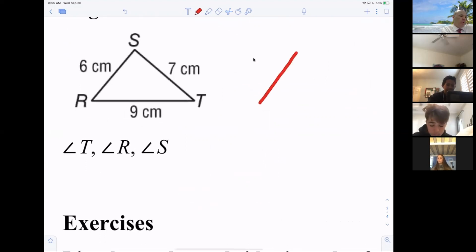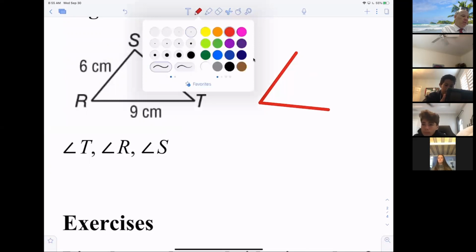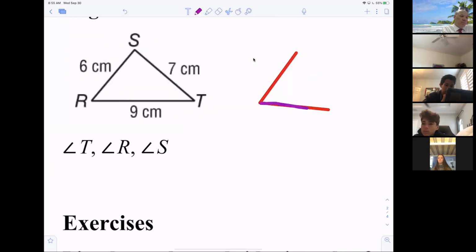This and this is an angle. Now, I'm going to erase this, but I'm going to keep this piece the same. Watch me. I'm going to create an angle.